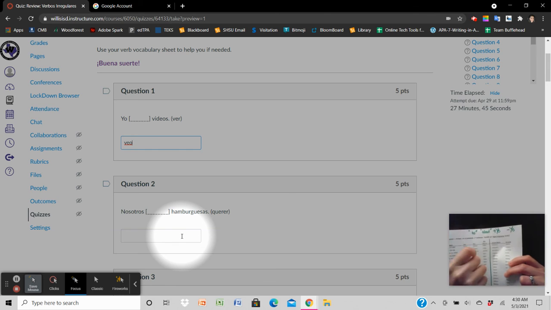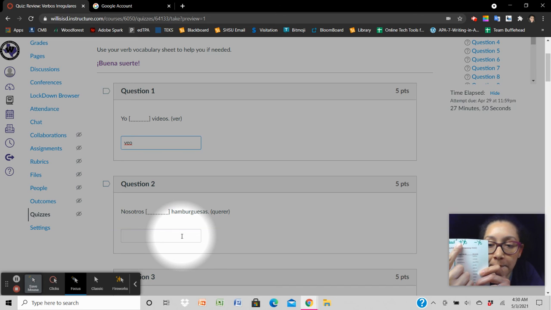Remember our little notes you put in the back? To use the nosotros form, there must be yo there. If there is no yo, in this case, Paco y tú has no yo, you must be working in the last column. So watch out for name combinations. Do your best. And if you have questions, contact your teacher.